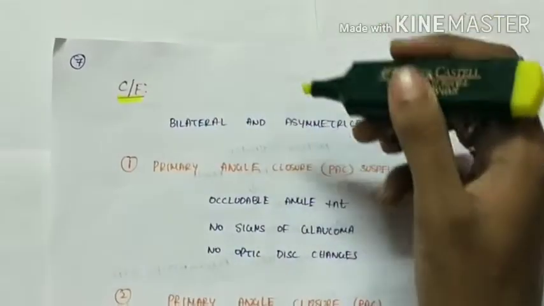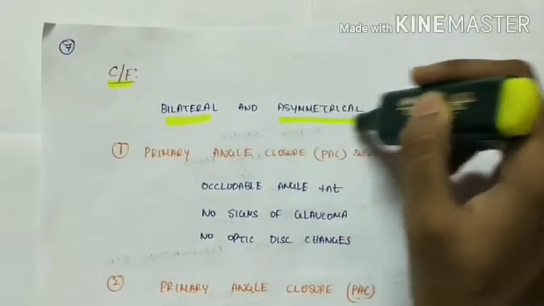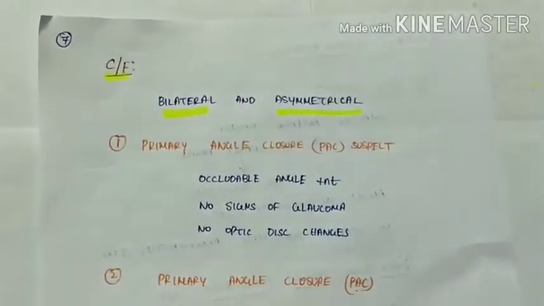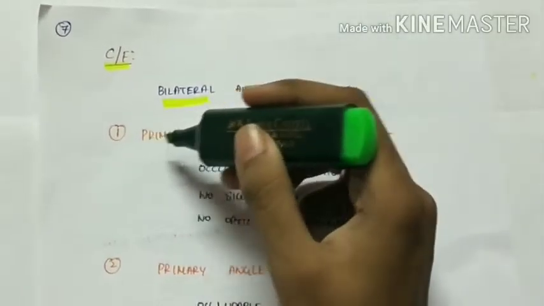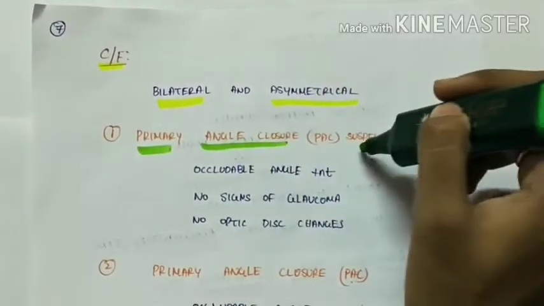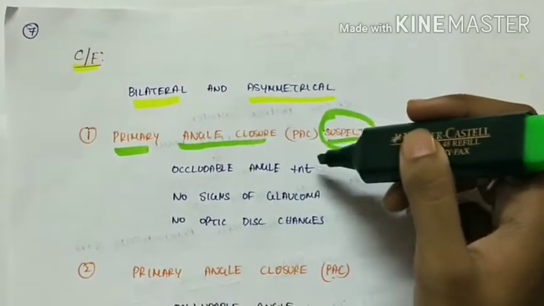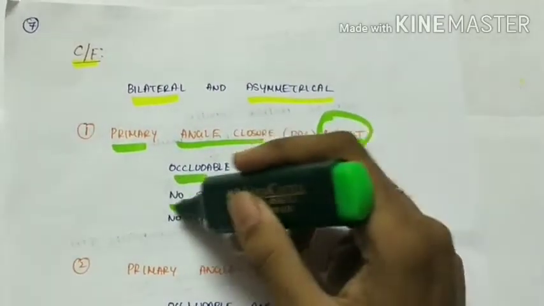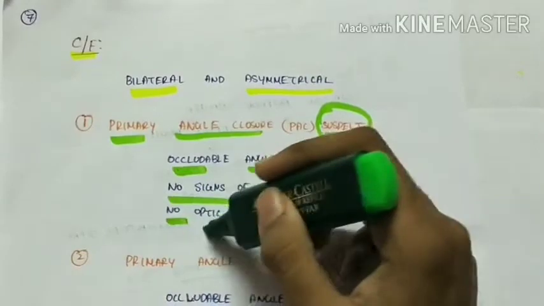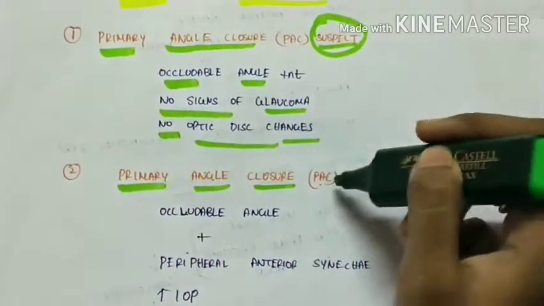Clinical features of primary angle closure glaucoma: it is mostly bilateral and asymmetrical. And now let's see the stages of primary angle closure glaucoma. First stage is primary angle closure suspect. So this is just a suspicion. The patients have an occludable angle, but there are no signs of glaucoma or optic disc changes. Second stage is primary angle closure.